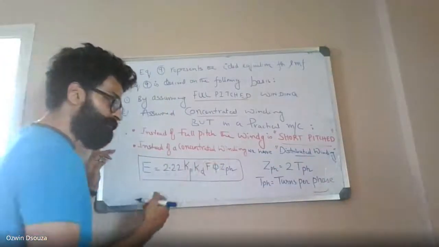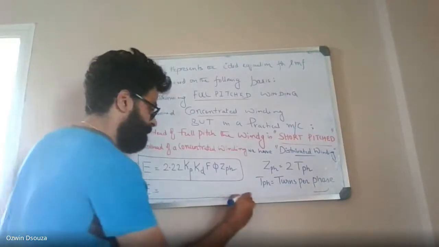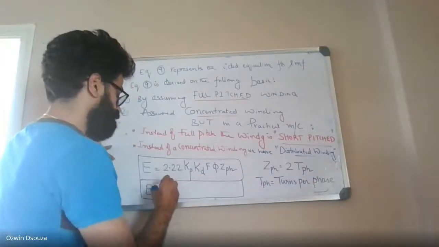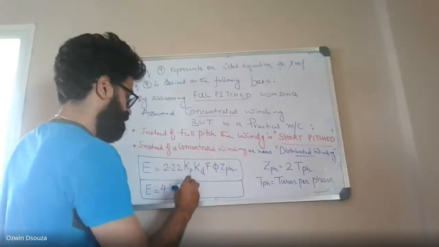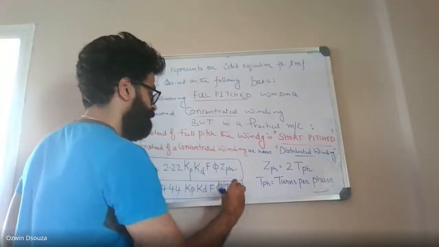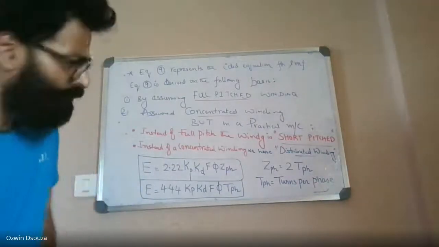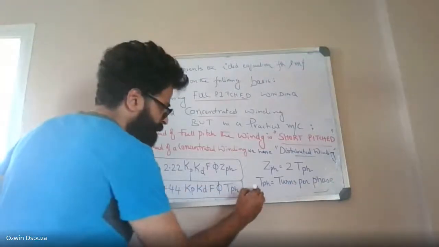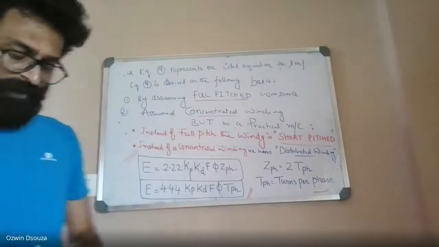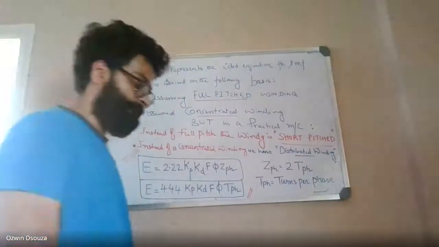In terms of the number of turns per phase, your EMF equation can also be written by replacing Z phase with 2 times T phase. So 2 into 2, 4.44 Kp Kd f phi T phase. While solving problems, you can consider the EMF equation in terms of Z phase or in terms of T phase. Doesn't matter. This is your EMF equation, very, very important.